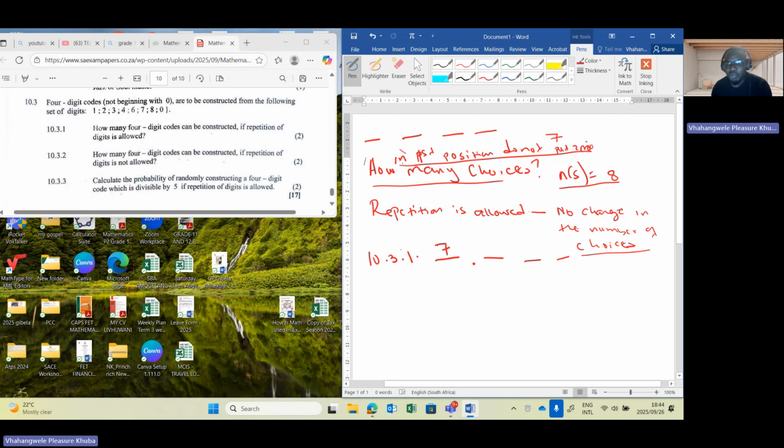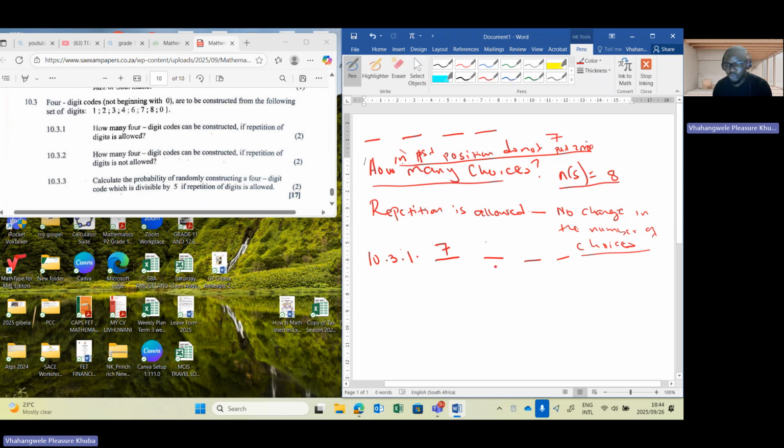And then we go to position 2. Before you go to position 2, you ask yourself, is 0 now allowed to be in position 2? Yes, 0 can be in position 2. So for position 2, 0 is coming back, because 0 was only restricted for position number 1, where you should never start your code with a 0.